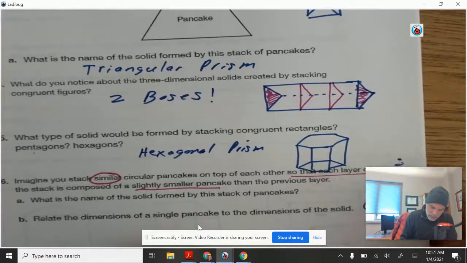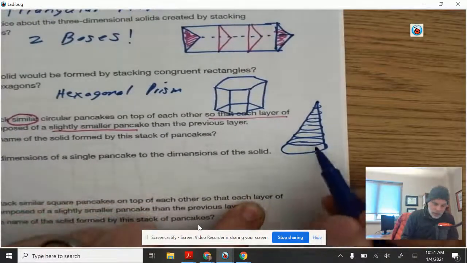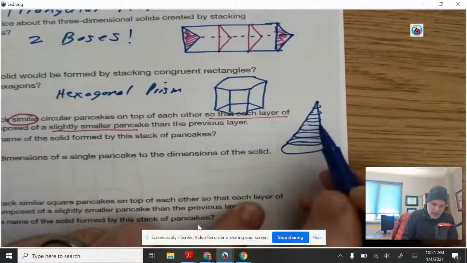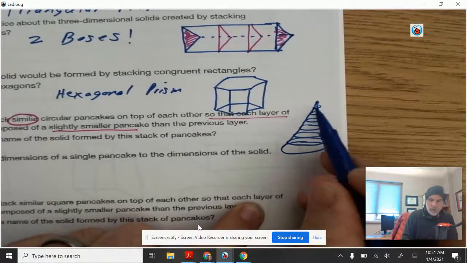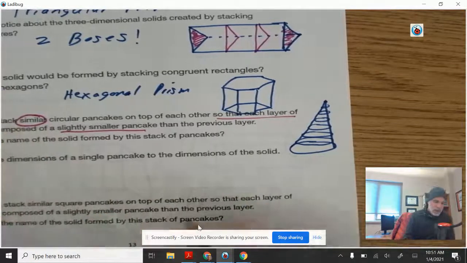You can imagine what we're getting to if I stacked all these. That's a pretty bad picture there, sorry. Anyway, each stack got slightly smaller, a smaller dilation of the previous one. Because remember, that's what similar means.